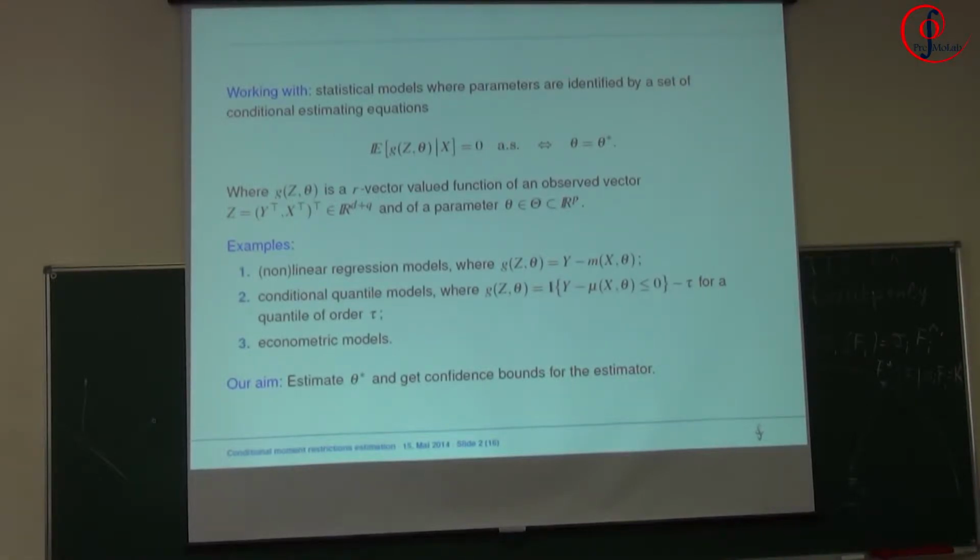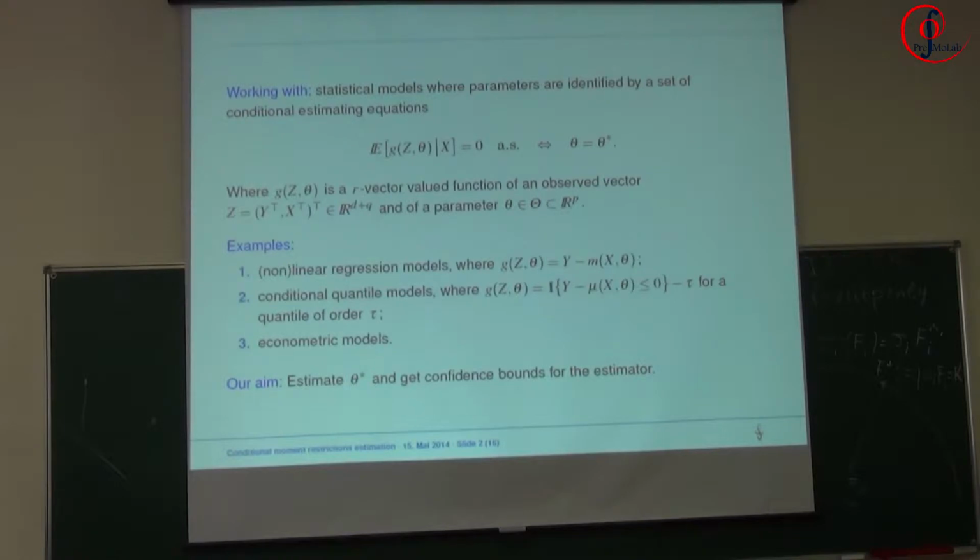So we are working with statistical models where parameters are identified by some kind of conditional estimating equations. Everyone who is familiar with method of moments or generalized method of moments can look at this problem and try to apply these techniques to this one.